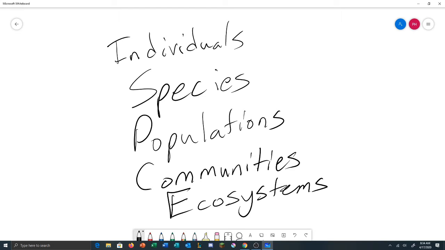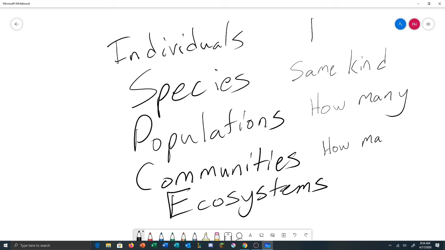So smallest, remember, one. Species is all of the same kind that can reproduce. Populations is how many of that species are in an area. Communities are how many populations. And ecosystems is all of these, or this entire community, plus the non-living, plus the abiotic. So resources are shared all the way throughout the ecosystem. The biggest part of it.